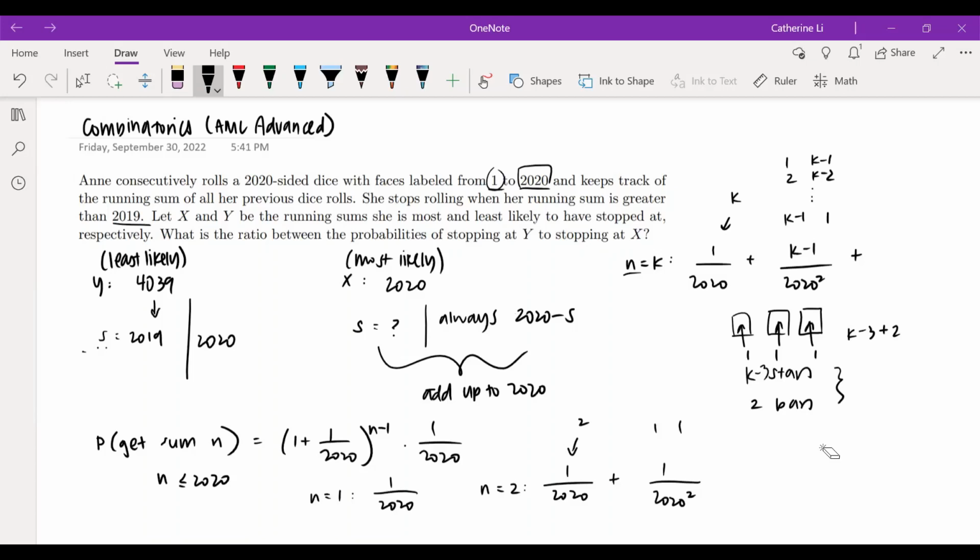Choose 2, which is k minus 1 choose 2. And then obviously we have to divide by 20/20 cubed.